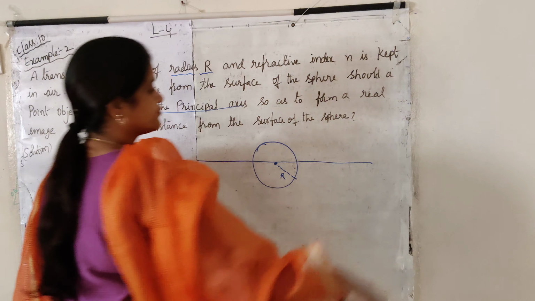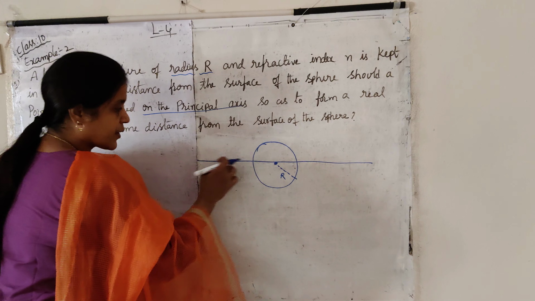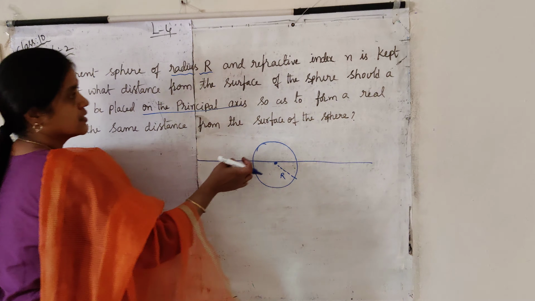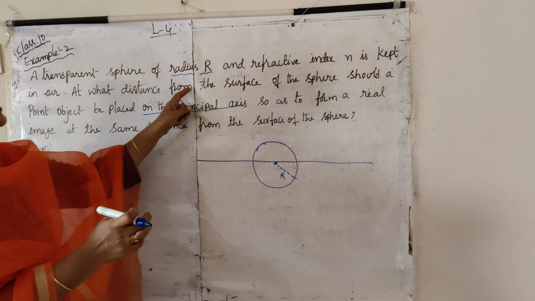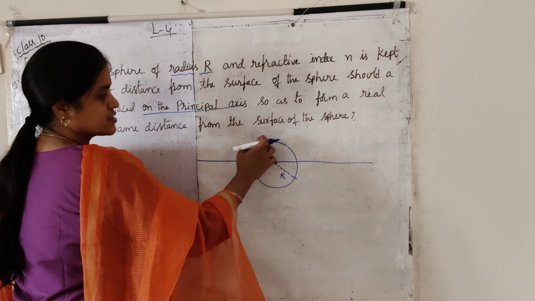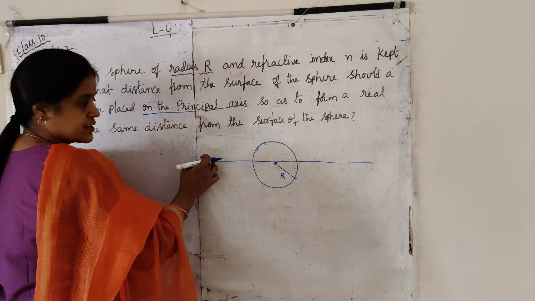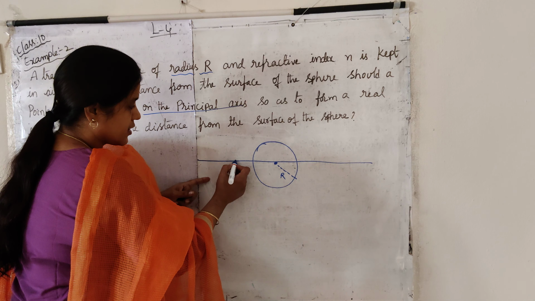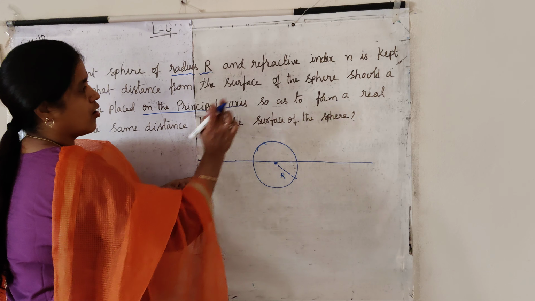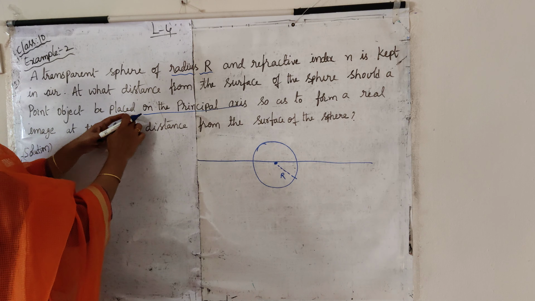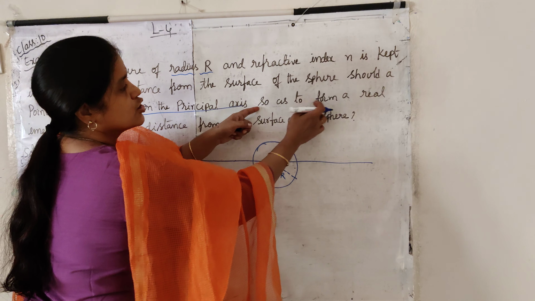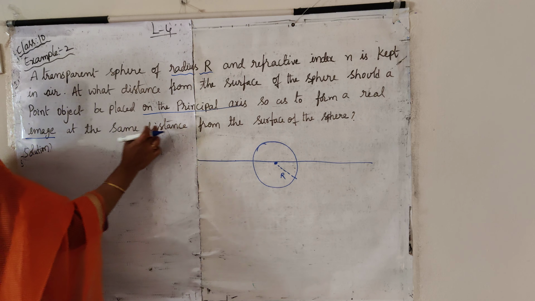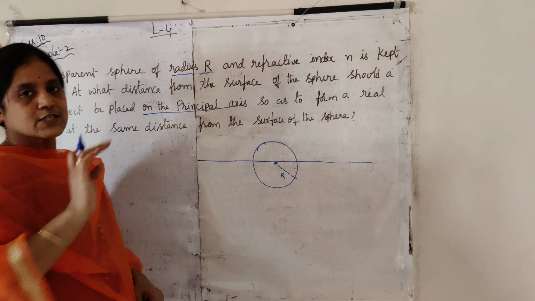On this principal axis, at what distance from the surface of the sphere should a point object be placed so as to form a real image at the same distance from the surface of the sphere?